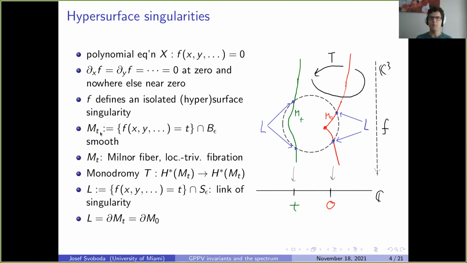These people figured out that on this Milnor fiber, which is a smooth manifold but still a complex surface, you can try to find some Hodge structures. A Hodge structure is basically some filtration on the cohomology, satisfying some properties.